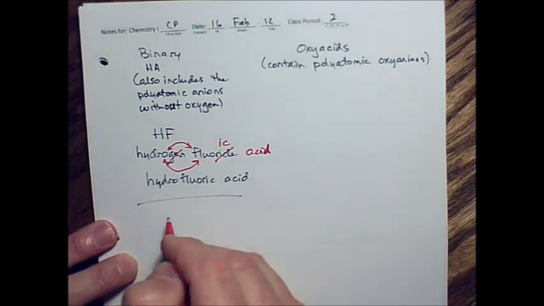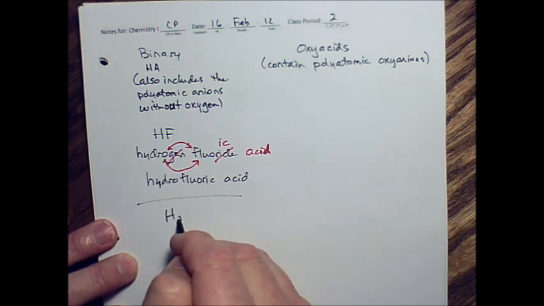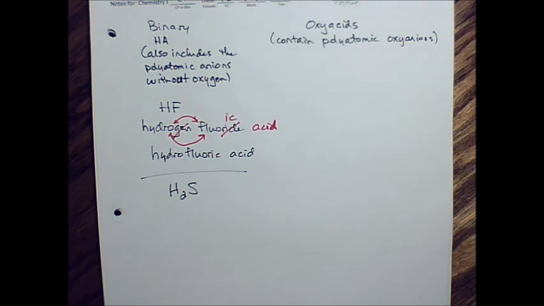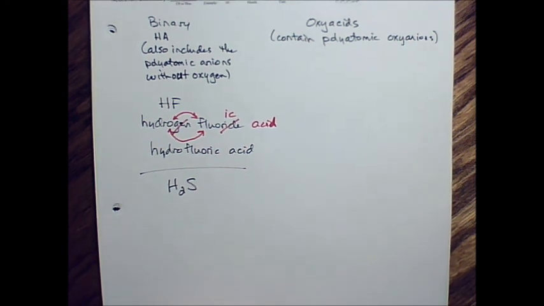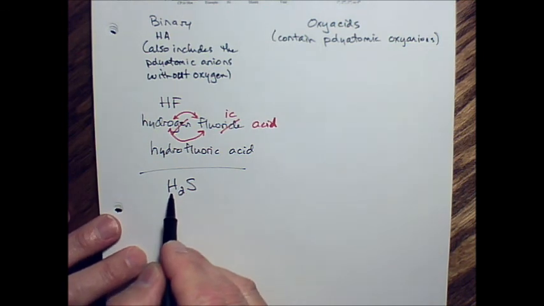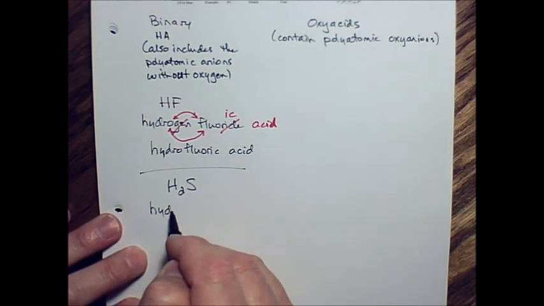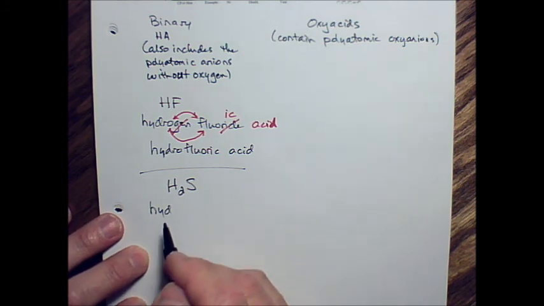All right, let's try one more. Now you name this one real quick. Well, I don't know if we have time to do it real quick or not, because I still have to go through the oxyacids. Well, let me name this for you, okay? So what we have here is hydrogen. No, not di. Di is only used when it's covalent.